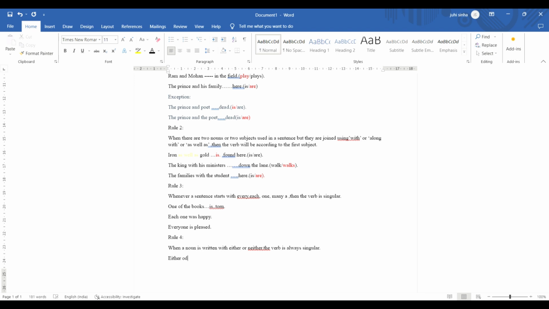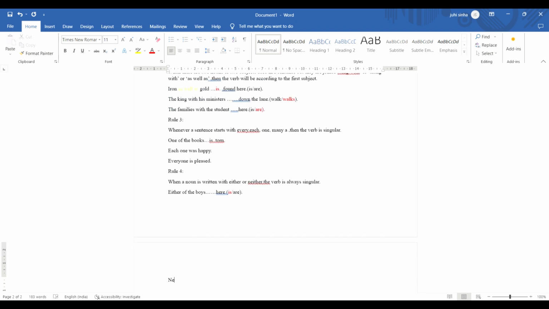For example, either of the boys. Now, don't pay attention to boys. Pay attention to either. So, either of the boys dash here. My answer will be is. So when a noun is written with either or neither, the verb is always singular.